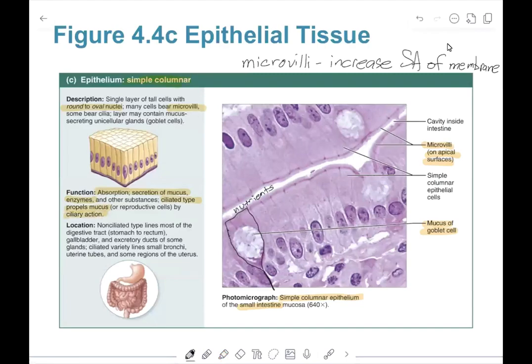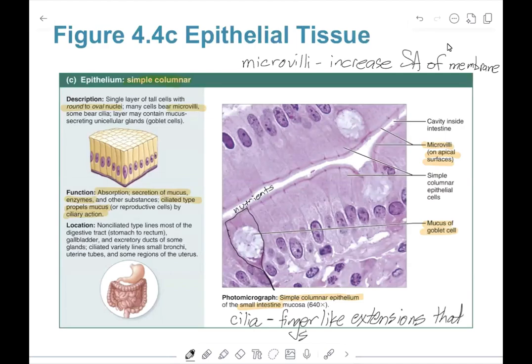One important thing for you to know is that cilia is not the same thing as microvilli. You learned in chapter 3 that cilia were sort of like finger-like extensions that sweep molecules across the membrane.